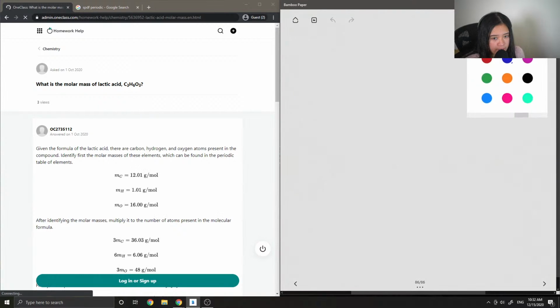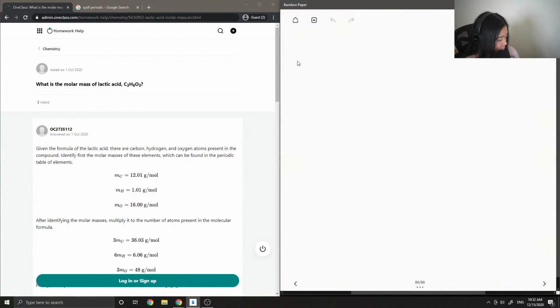Okay, so question 5. What is the molar mass of lactic acid, C3H6O3? Okay, I'll draw down the structure of lactic acid. It has a carboxylic group at the end there, and another alcohol group.